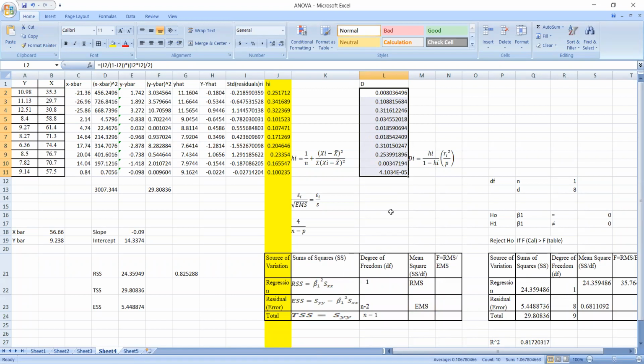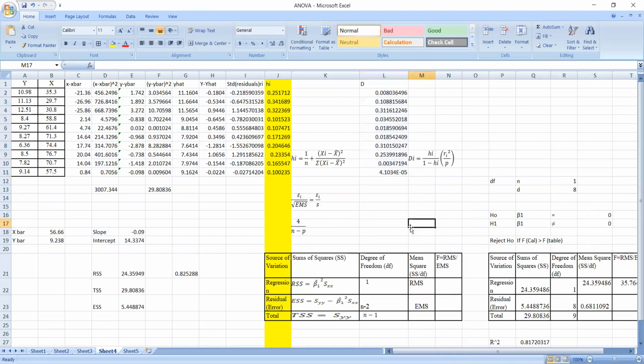So why did we calculate this Cook statistic? Our objective is to find the outliers in our data set, the extreme points. After calculating the Cook statistic, it's not a rule, but in most of the cases we use 4 over n minus p as the cutoff point.